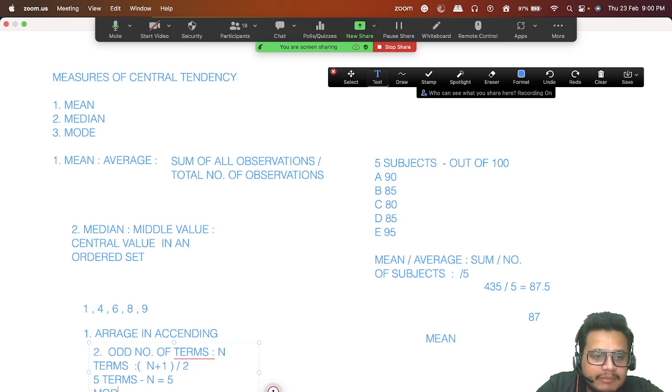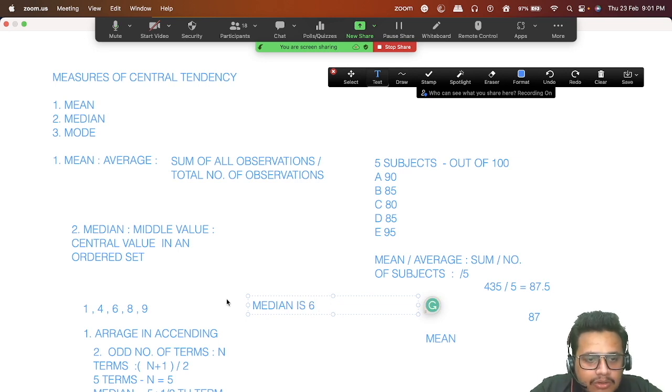So what is my median? It is the (5 plus 1) by 2 th term, 6 by 2, that is 3. So my third observation is my median. Which is my third observation? 6. So here median is 6. Now it is only for when we have an odd number of terms.